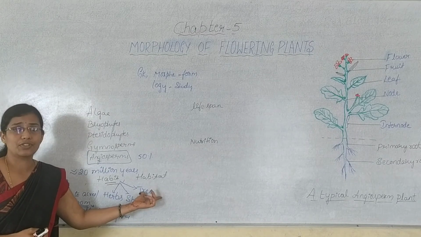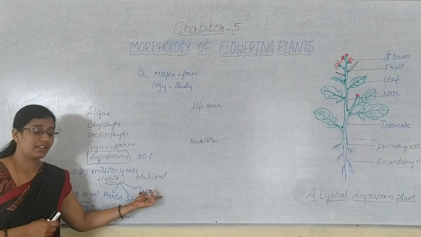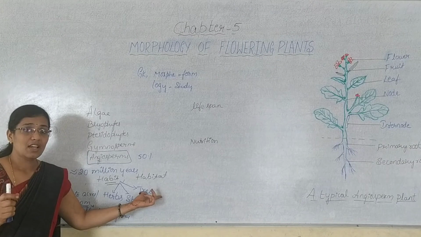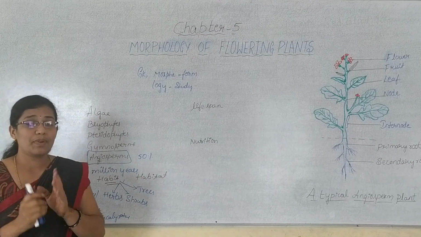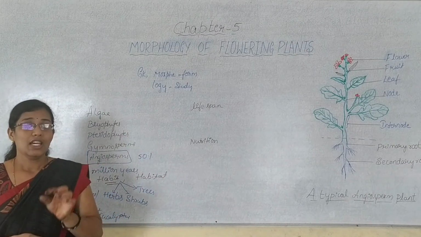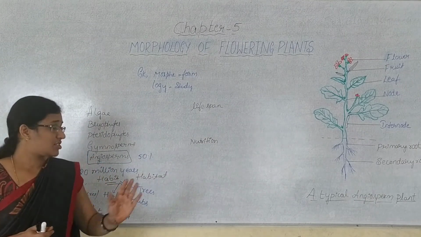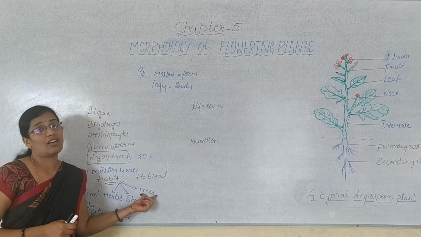Now let us move on to the trees. What are trees? Trees are nothing but the stems with the plant axis which is very strong and thick. In plants where the stem or plant axis is thick, very strong and woody, such type of plants are called as trees.